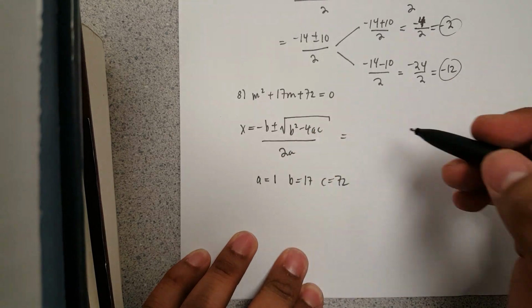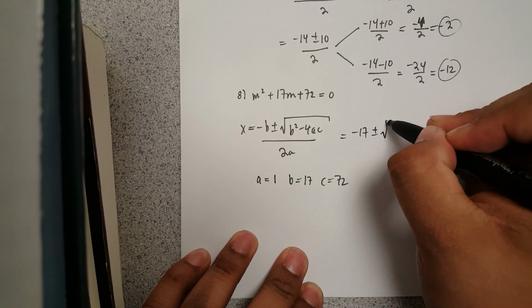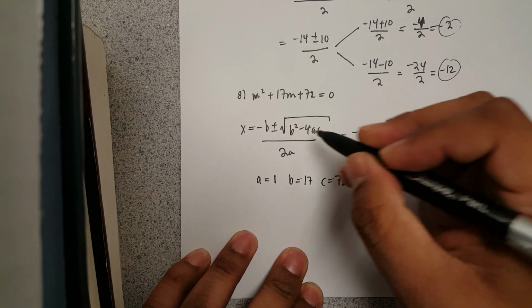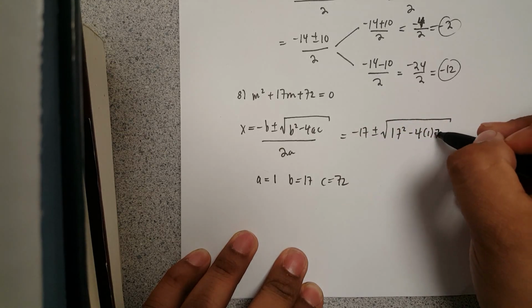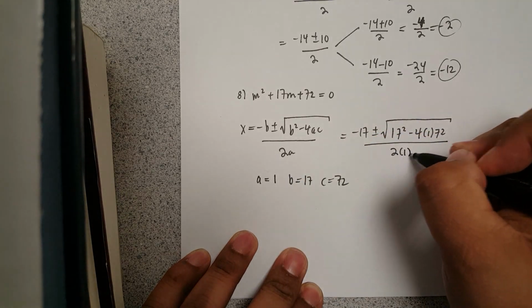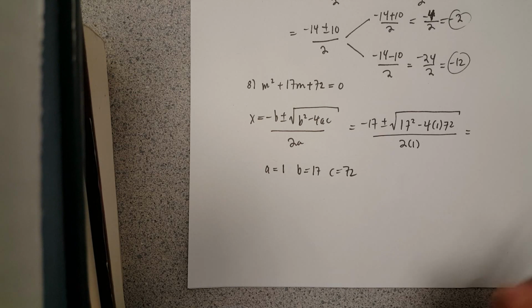So let's go ahead and plug in. It's going to be negative b, so negative 17, plus or minus the square root of 17 squared minus 4 times a is 1, c is 72, over 2 times a is 1. Okay, and then we're going to simplify that a little further.